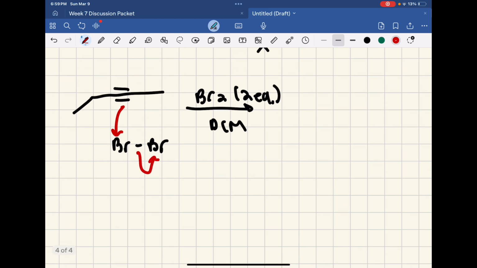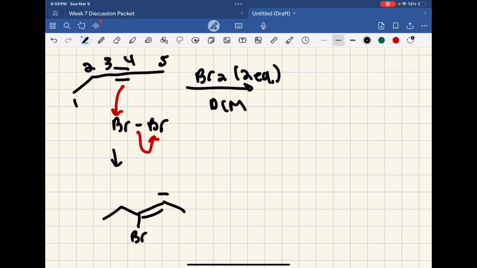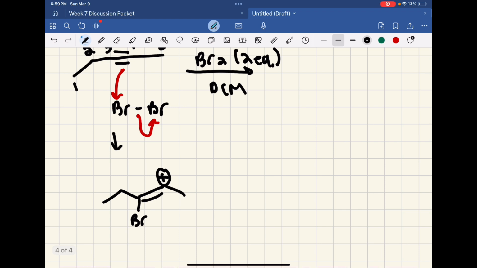So we form a bridged intermediate. Let's count the carbons. There are 5: 1, 2, 3, 4, 5. The multiple bond was between 3 and 4. You could imagine we have a very unstable intermediate where there's a carbocation on an sp2 carbon. One of the bromine lone pairs leans over to form this bridged species.